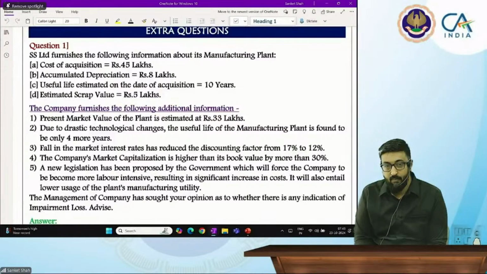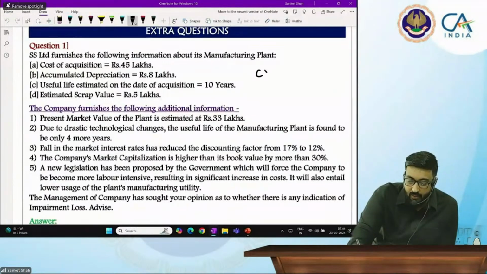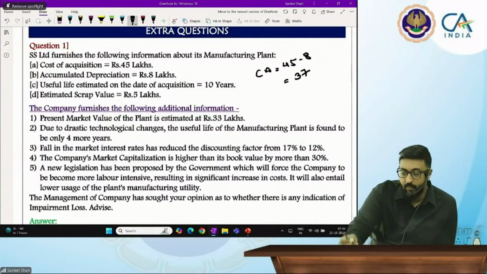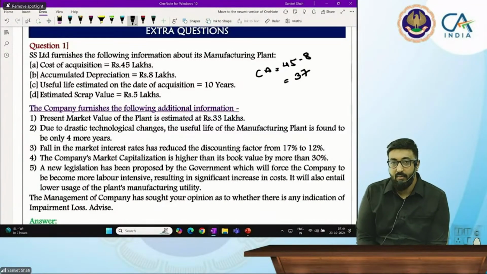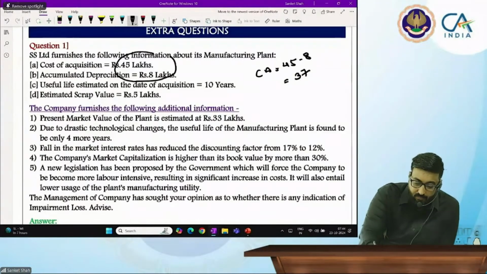The present market value of the plant is estimated at 33 lakhs. What is the carrying amount? Can you tell me? Correct? Yes, sir. 37, carrying after depreciation.